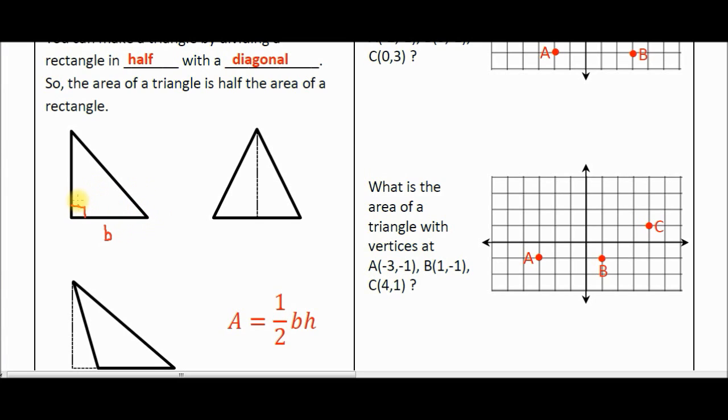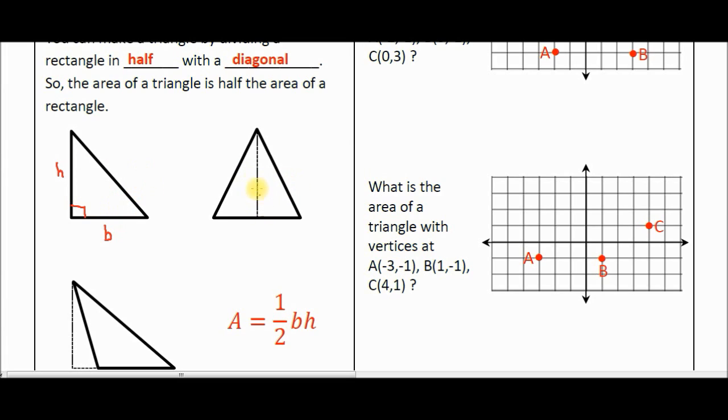And then remember, the height of any polygon is measured from the base straight up to the very top of the object or shape, and it's got to be a perpendicular line, and that is going to be the height. So what's nice is for a right triangle, it's just one leg or one side multiplied by the other leg or the other side. Recognize here, class, the hypotenuse has nothing to do with the area of a right triangle.